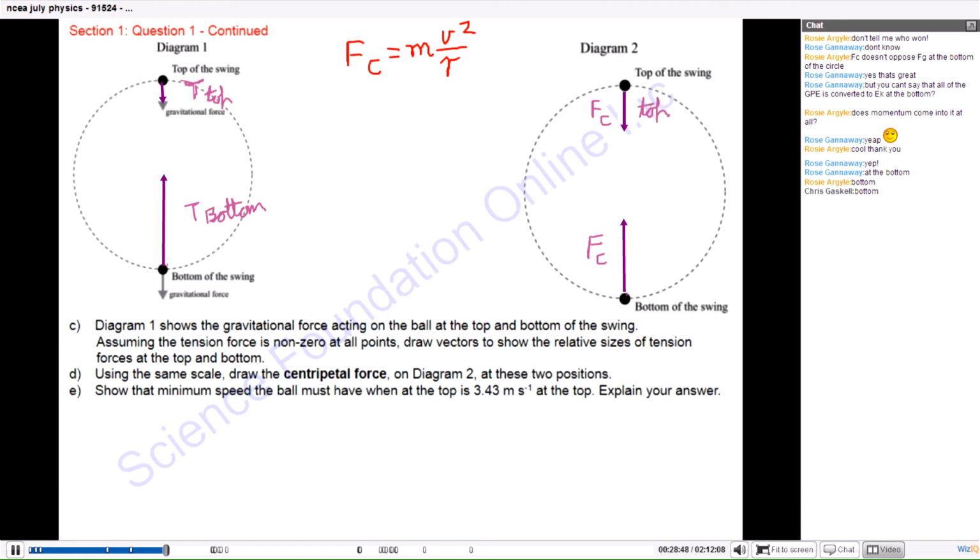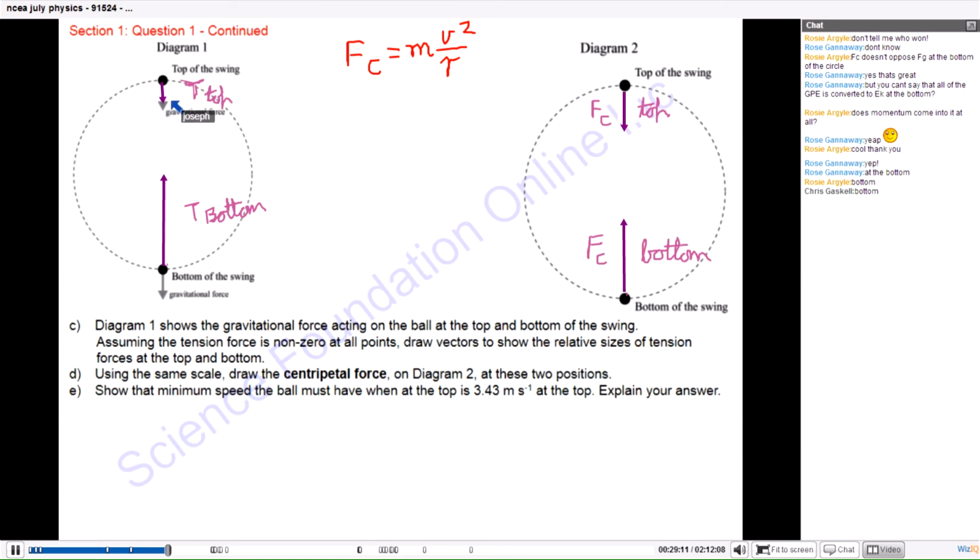And let me explain further why this is. Now, our gravitational force is always acting downwards. The centripetal force here has to point to the center of the circular path.